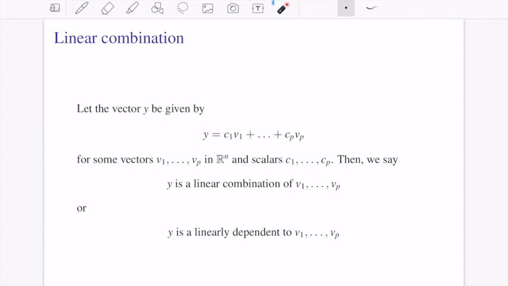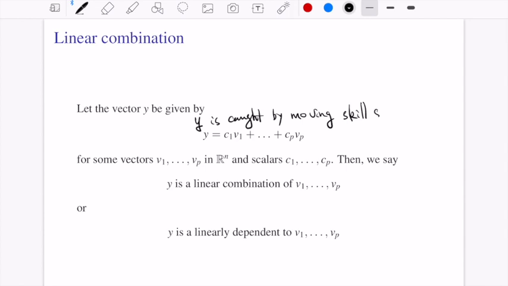So we can rewrite this linear combination question into: y is caught by moving skills v1, v2, vp.